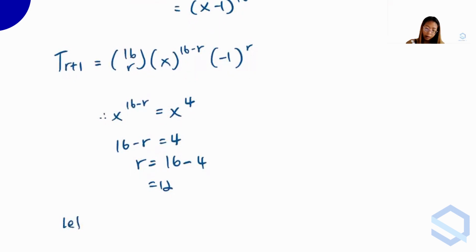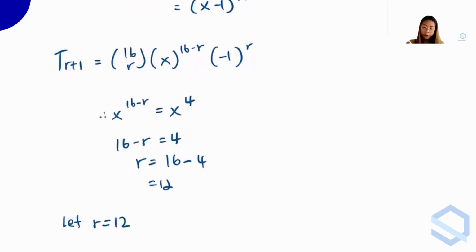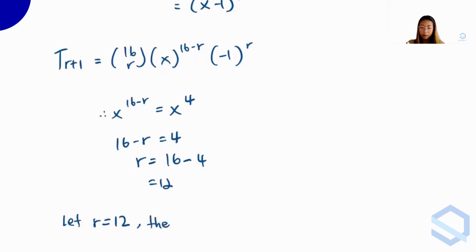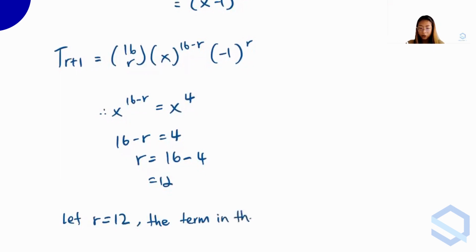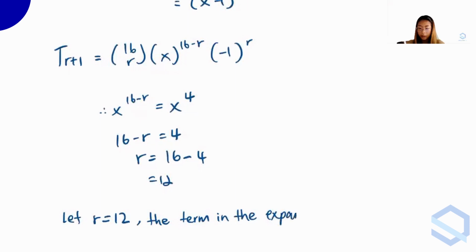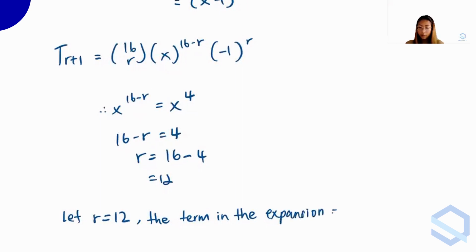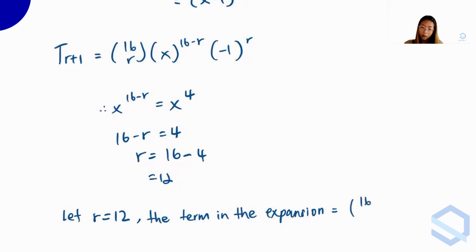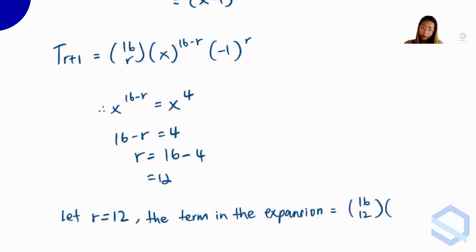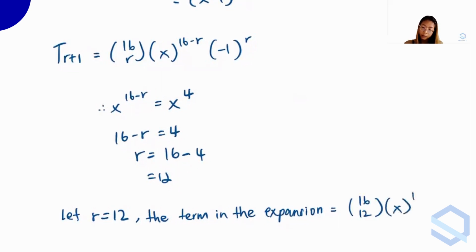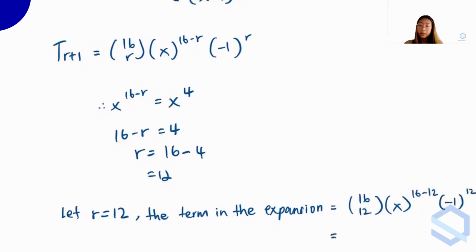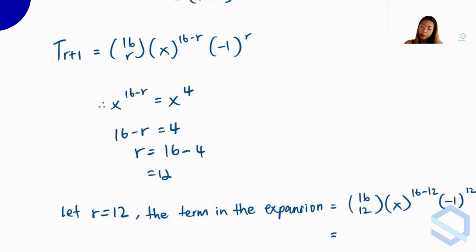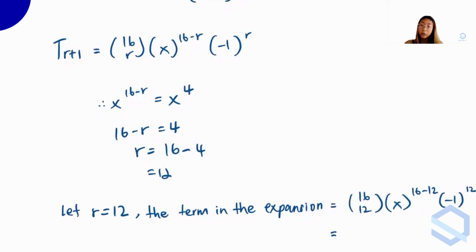So let r equal 12, and then the term in the expansion would be 16 choose 12, x to the power of 16 minus 12, times negative 1 to the power of 12.